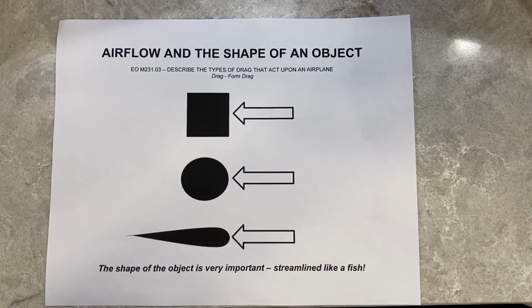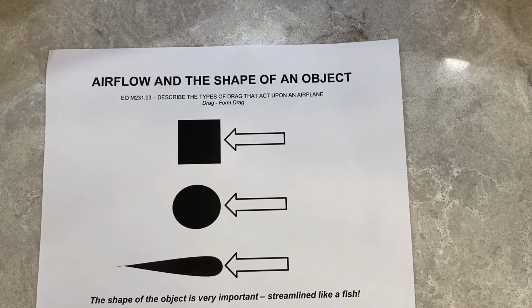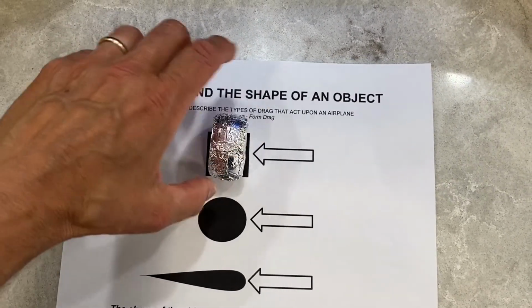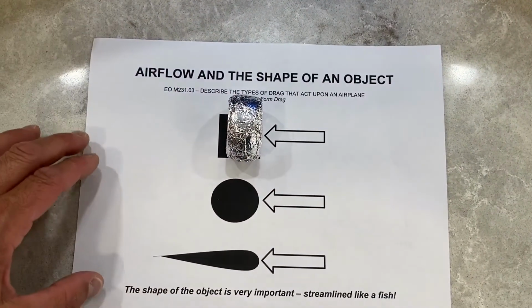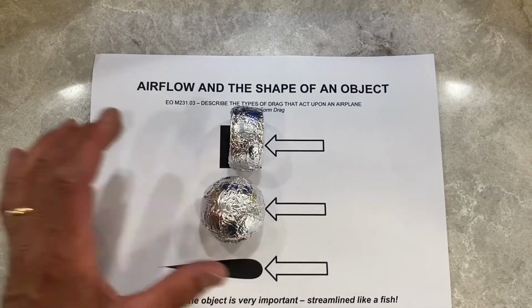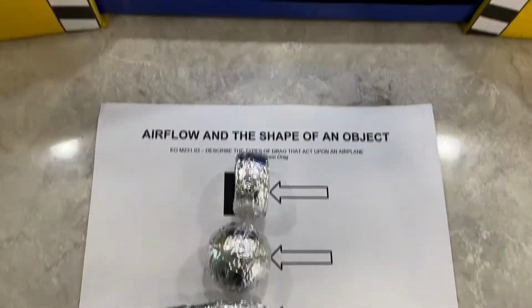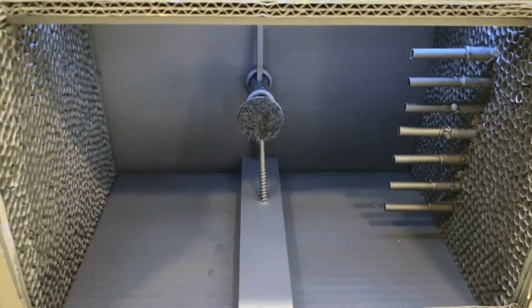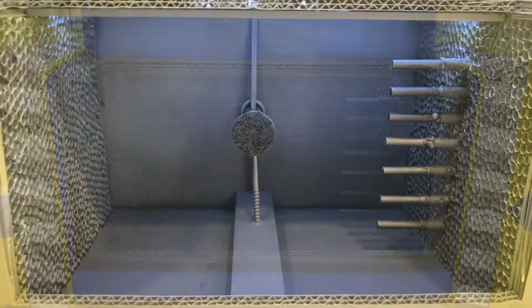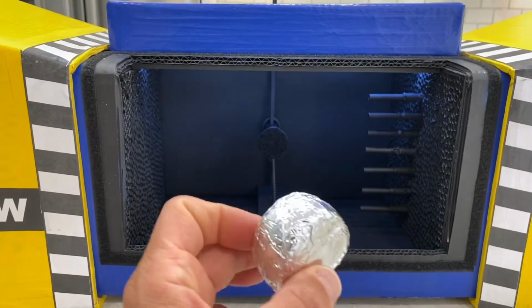Now you remember how I said the shape of the object plays a big role in how the air behaves around it. So we're going to study each one of these objects in our wind tunnel just to see what the air does as it passes around the object. We're going to take these shapes and place them in our wind tunnel for observation. The first shape we're going to test is the flat front.